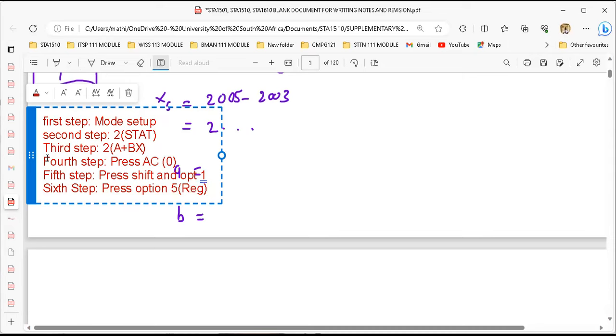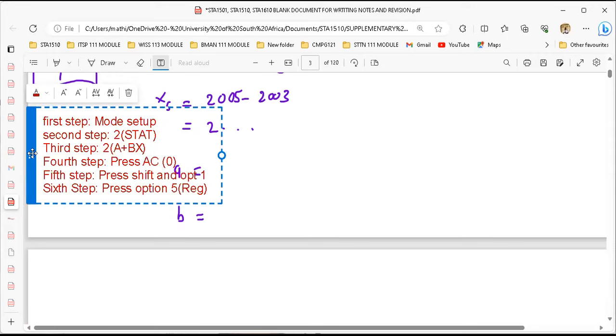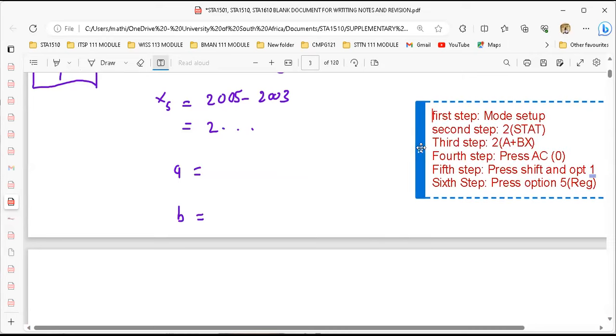Press that one, and then after pressing that one, you will see 5 options. Now we want the value of a. It's there. The value of a is there. Just do this. I'll put them here.